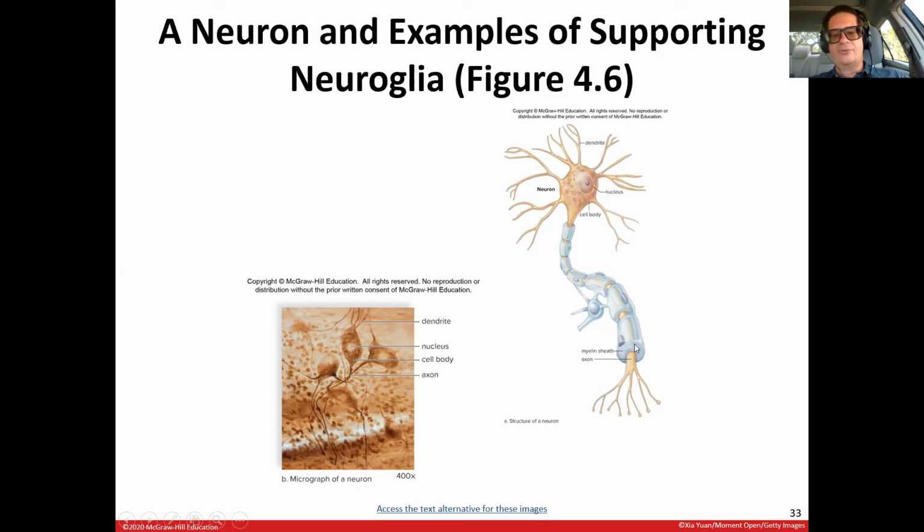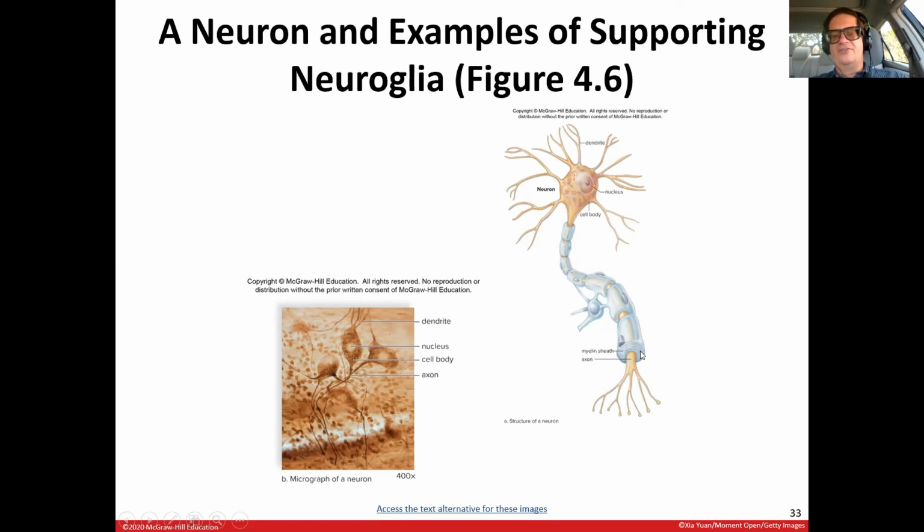The axon is surrounded with these other cells, the neuroglia cells. Some of them, it looks like the ones in this picture, are called Schwann cells. Anyway, we'll talk about that more. But we have a myelin sheath. Think of that as like insulation.